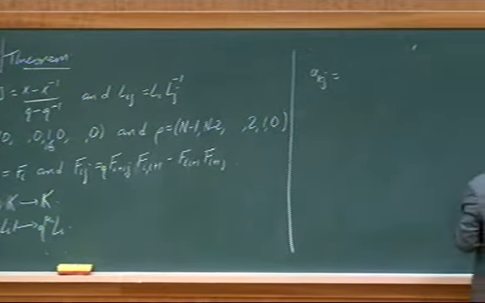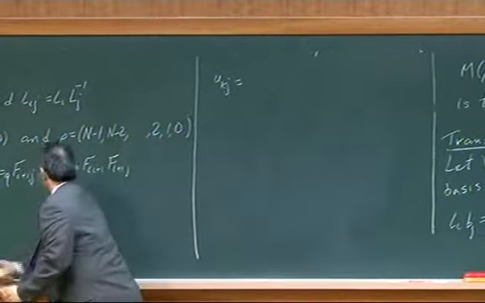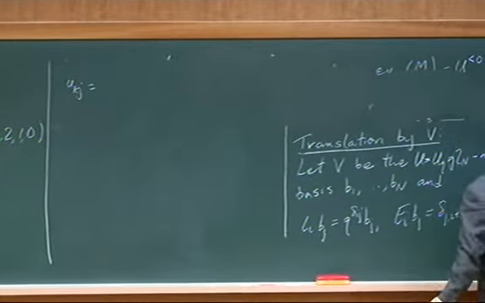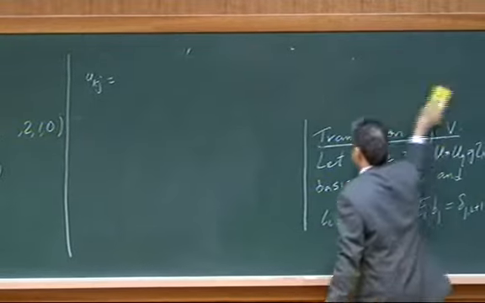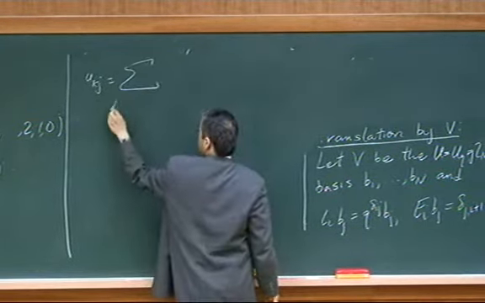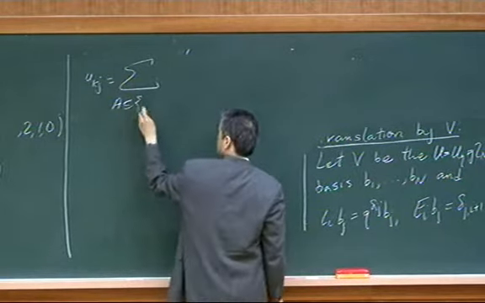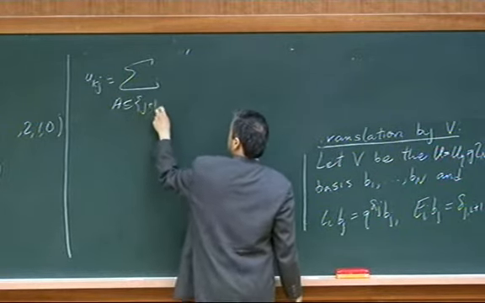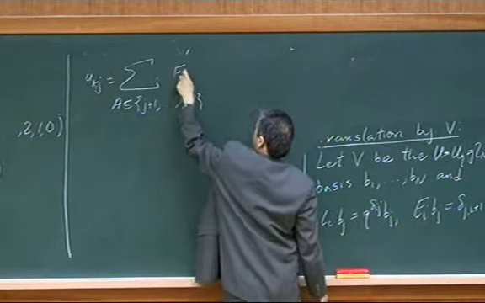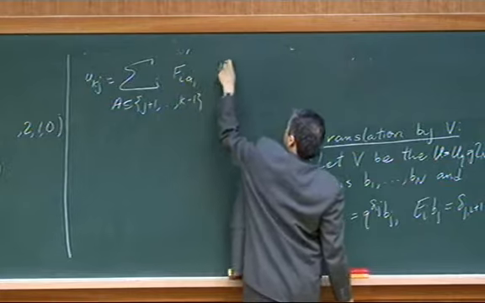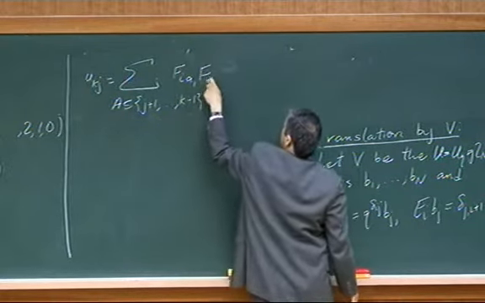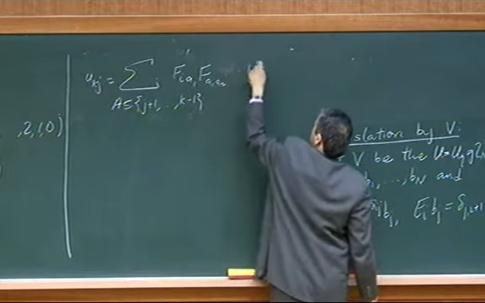So the U's are, I will need a sum over subsets of j plus 1 up to k minus 1.